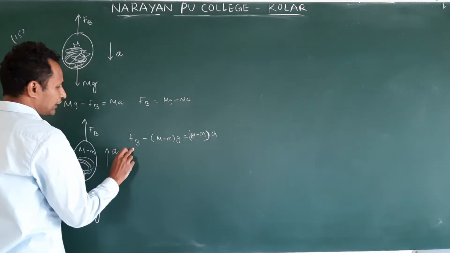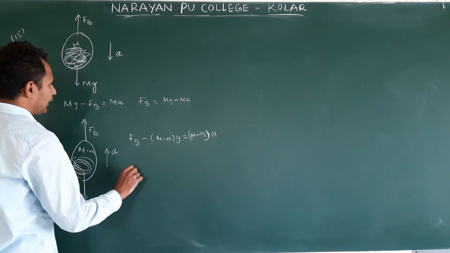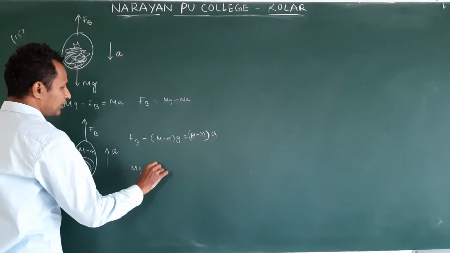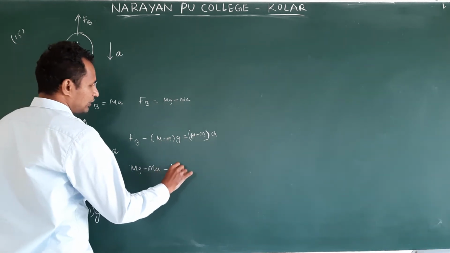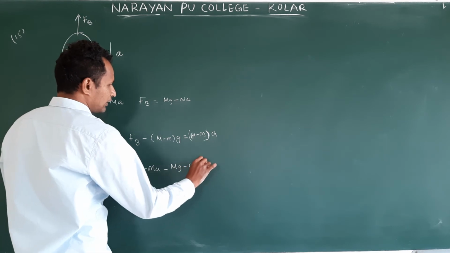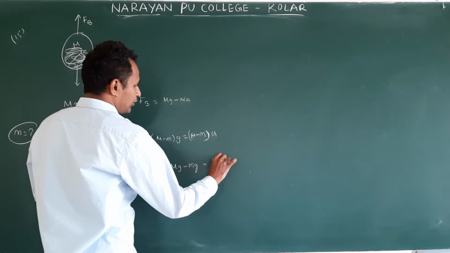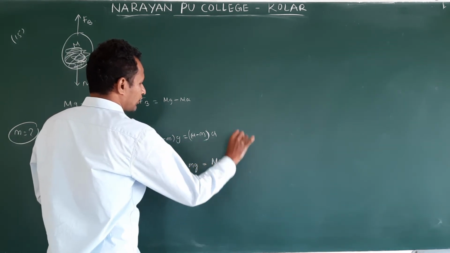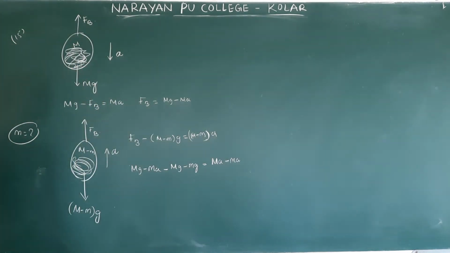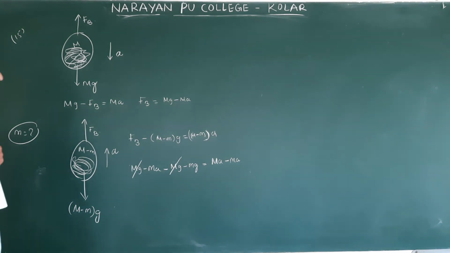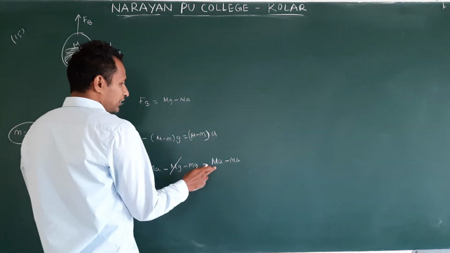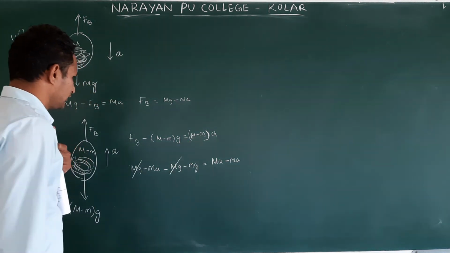Now this F B I am substituting here. Mg minus Ma minus Mg plus mg is equal to Ma minus ma. Plus Mg minus Mg cancel. Write capital M on one side, small m on the other side.